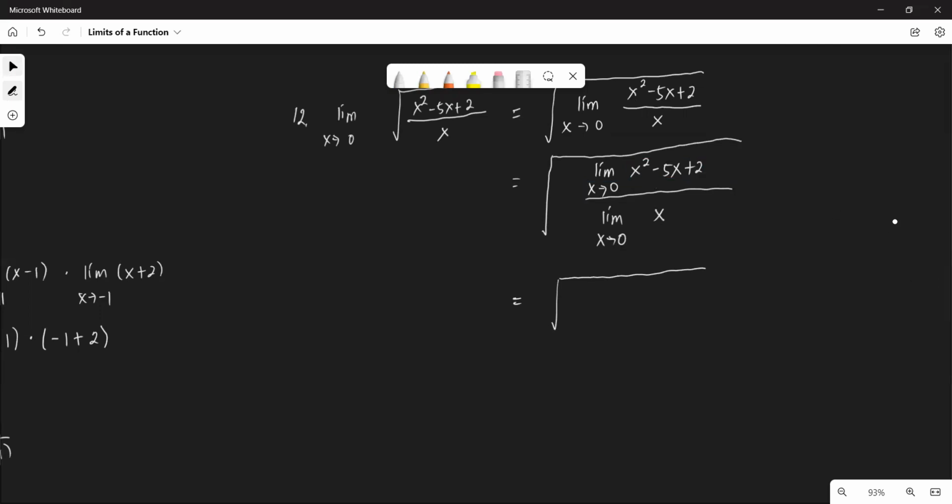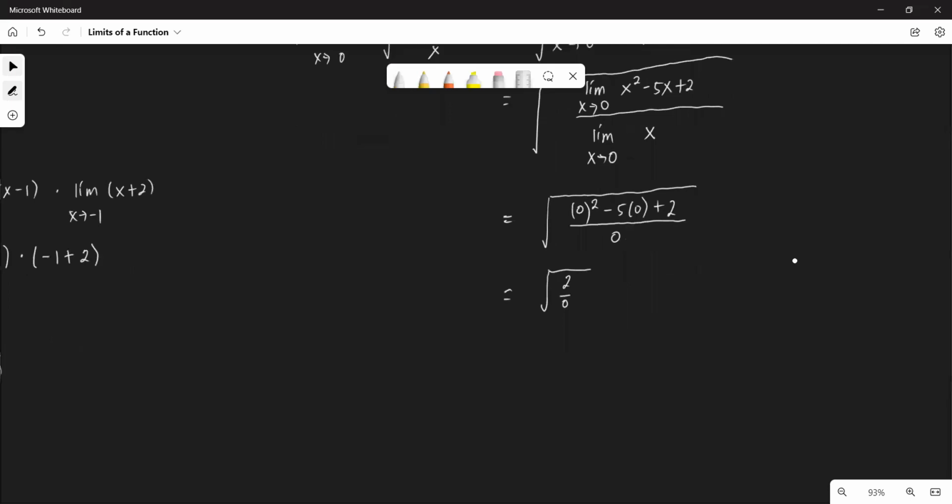So you square it, minus the constant 5 multiplied by the limit of x as x approaches 0, that's 0, then plus 2, all over the limit of x as x approaches 0, which is 0. So we have 0 squared, or 0, minus 5 times 0 is 0, plus 2. So it's basically the square root of 2 over 0. But 2 over 0 is undefined. So the limit is undefined.